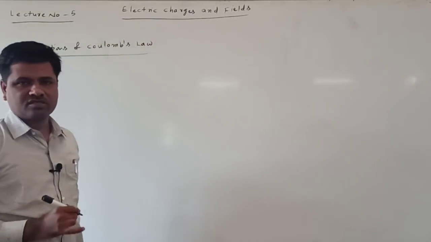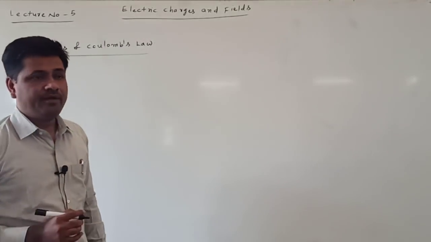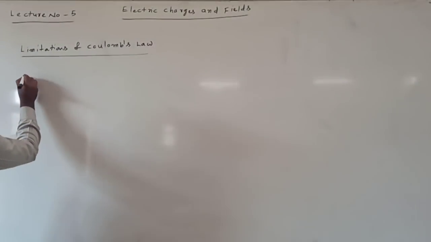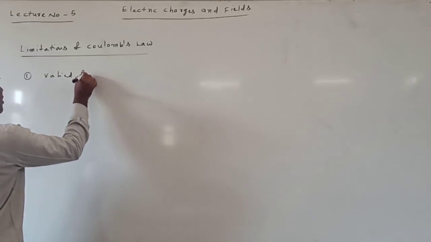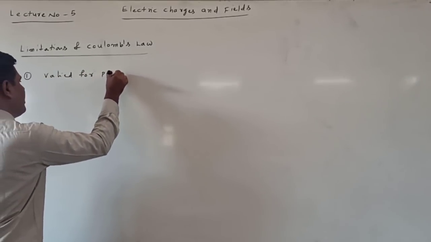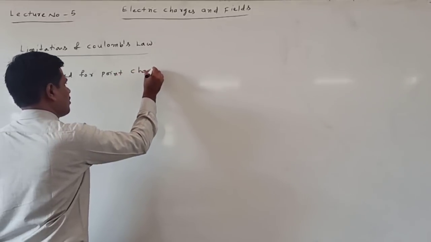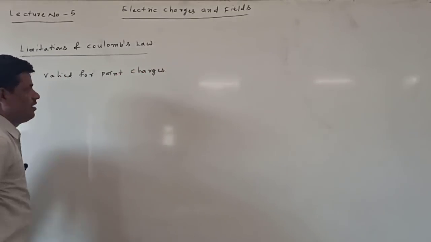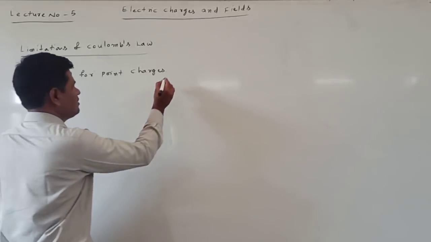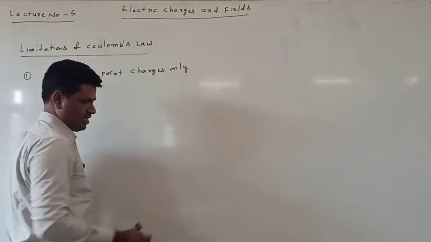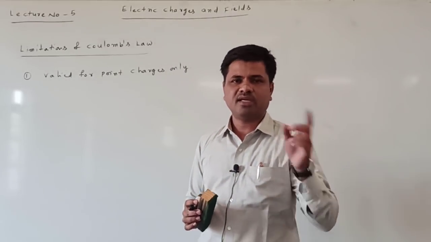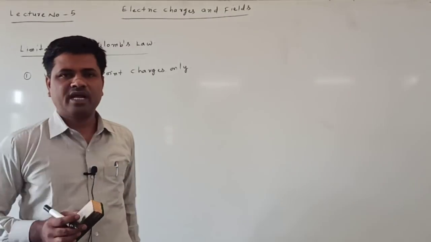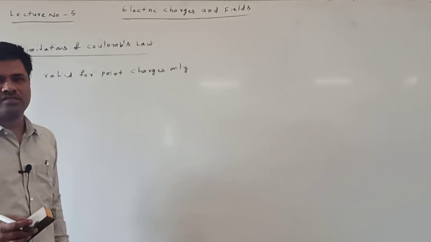What are the limitations of Coulomb's law? See there, Coulomb's law is valid for point charges only. What is meant by point charges? If the size of the charges is very small in comparison to the distance between them, then they are called point charges. Coulomb's law is applicable for only point charges.